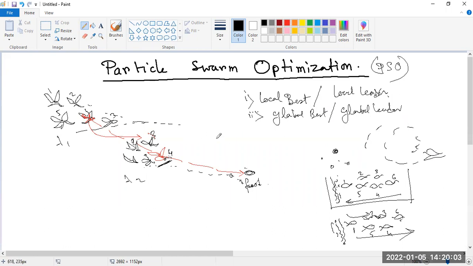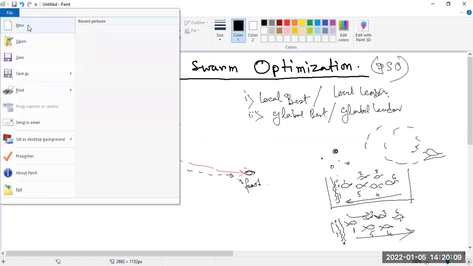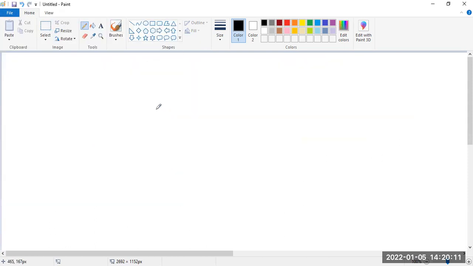So this is the basic idea about particle swarm optimization. Now we will go for the first introductory part. Who innovated this? Just write this down, because we have to face many questions on this.